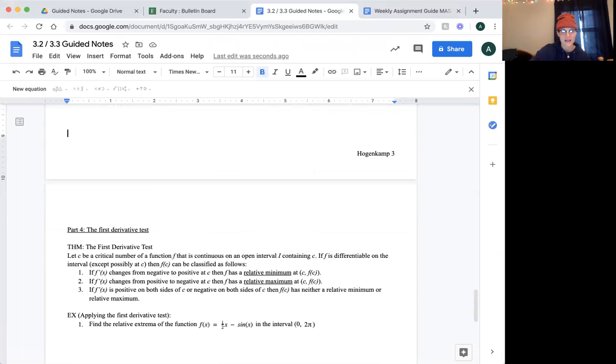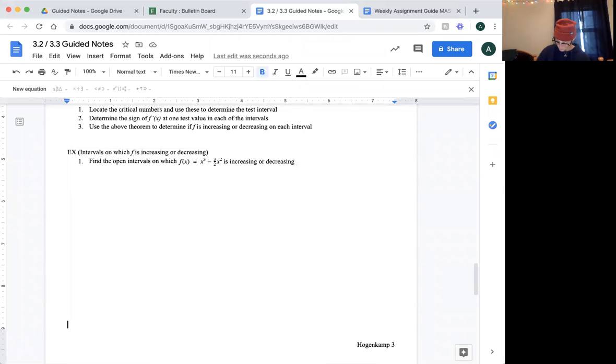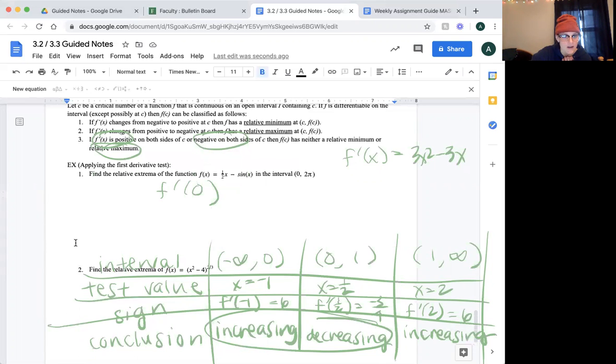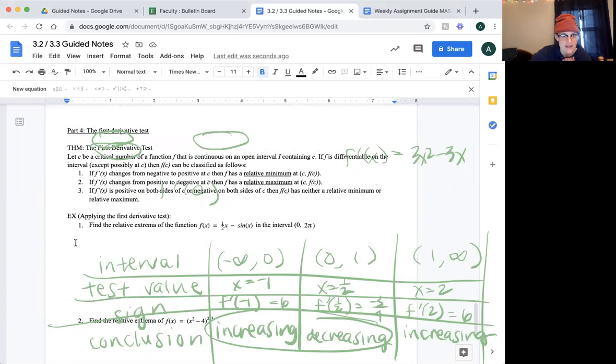So in this above example, which we just did, now we know that the first derivative test would tell us that since our function changes from increasing to decreasing right here, it changes from positive to negative.